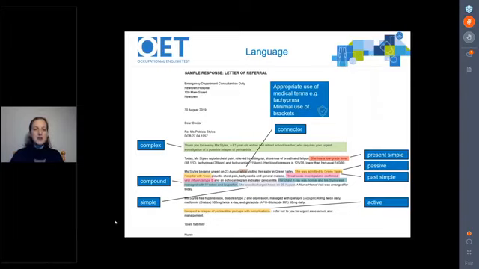Another thing I'd like you to notice is the lack of set phrases. For example, there's no use of signs and symptoms of, or in regard to her medical history, or in light of the above. Now, I don't want to give you the impression that these phrases are wrong.